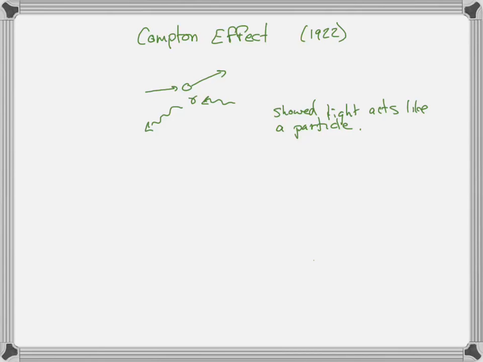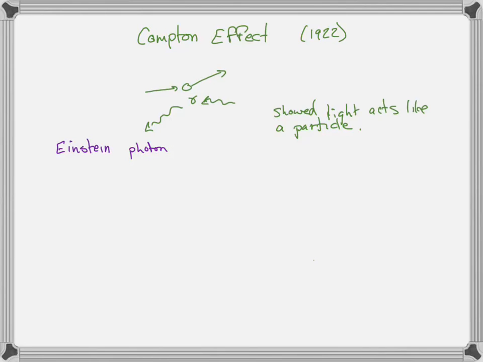With lower energy photons, the effect was lost in the noise of the experiment, and you needed high energy photons in order to discern the effect that the photons act like a particle. Hopefully that'll become clear later, but it's important to know that this experiment could only effectively be done with X-rays because they're high energy photons, and the high energy meant that the effect was not lost in the noise that is present in experimental physics.